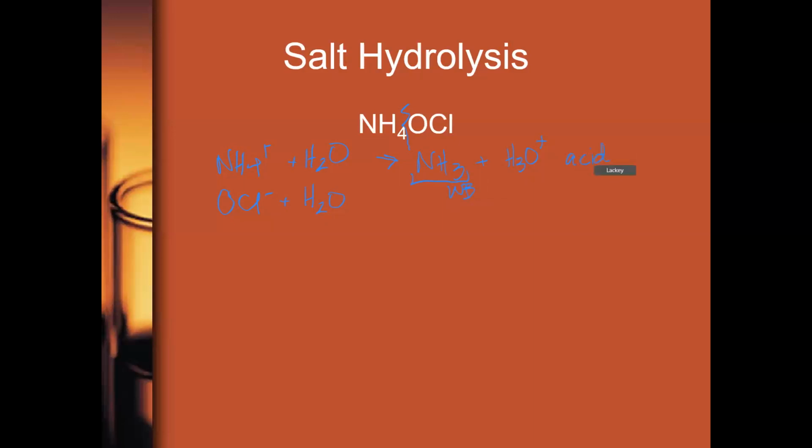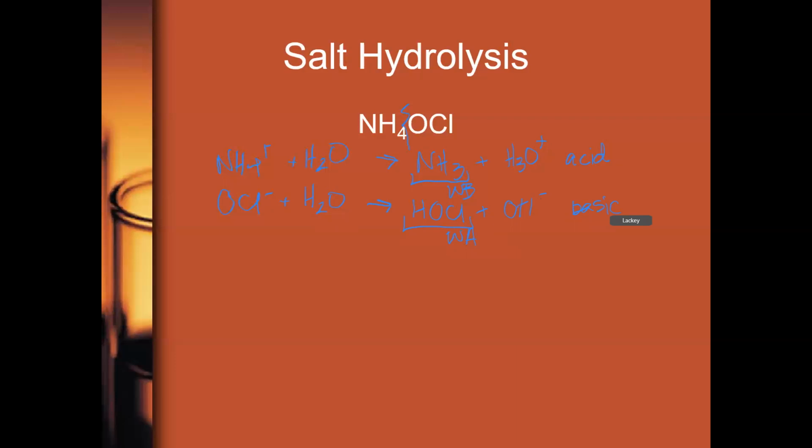Looking at our anion, the OCl negative, it does not have a hydrogen to give up, but it's negatively charged, so it can accept a hydrogen. So this can make HOCl, leaving behind hydroxide. HOCl is not on our strong acid list, so it is a weak acid. So this, because it produces hydroxide, can be basic.